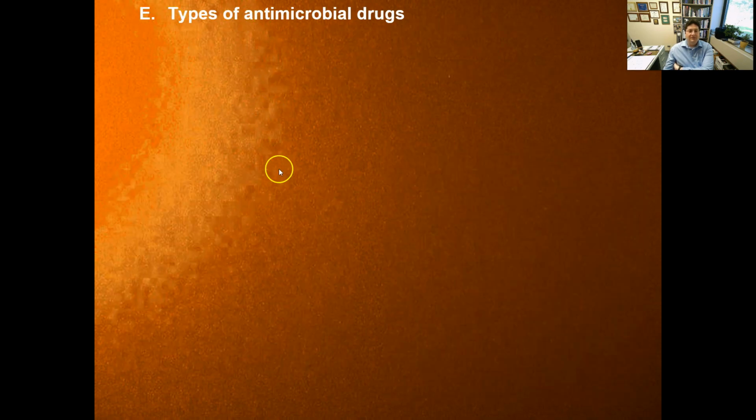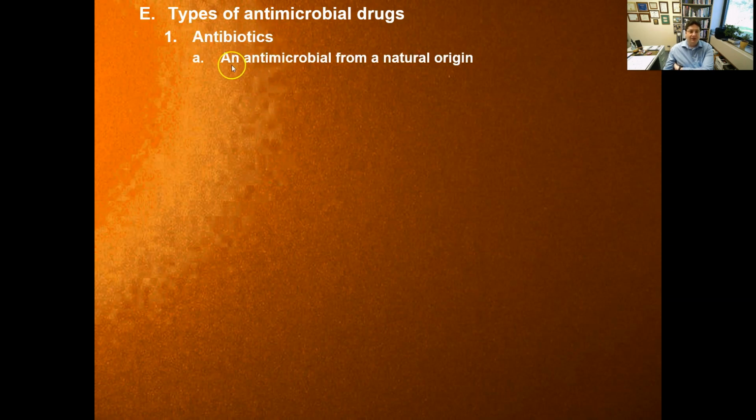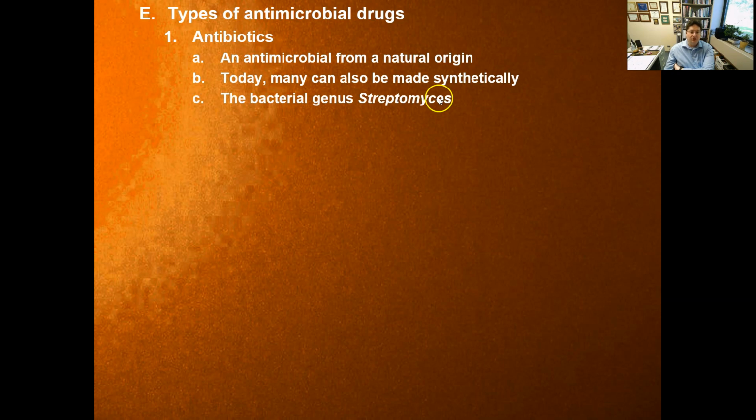Now, what are some types of antimicrobial drugs? Well, first we have antibiotics, which I just mentioned. Now, an antibiotic is an antimicrobial that ultimately comes from a natural origin. Today, many can also be made in the laboratory synthetically, but initially and ultimately it comes from a natural origin.